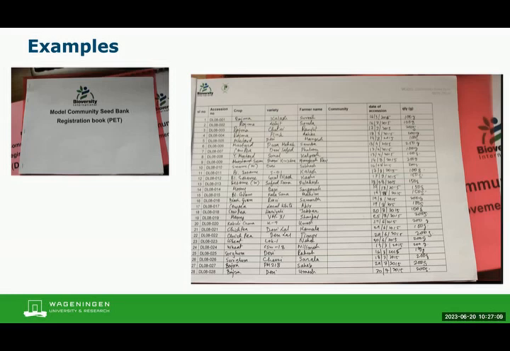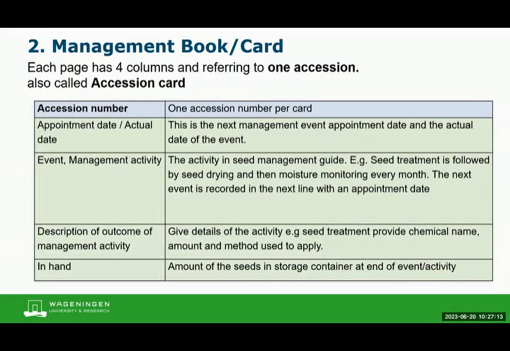But here, one accession or one sample should have all this information. So it should have the accession number, one card or one paper for one accession. So if there are 100 samples, 100 different varieties within a community seed bank, we should have a file containing 100 sheets of this management book.